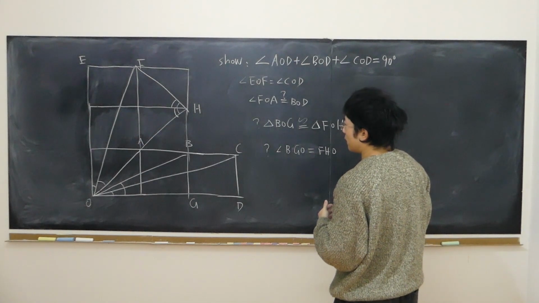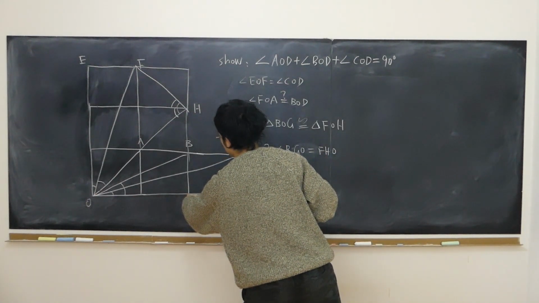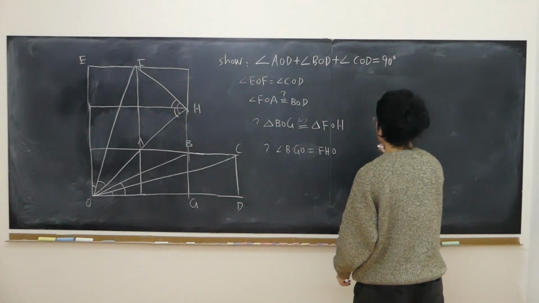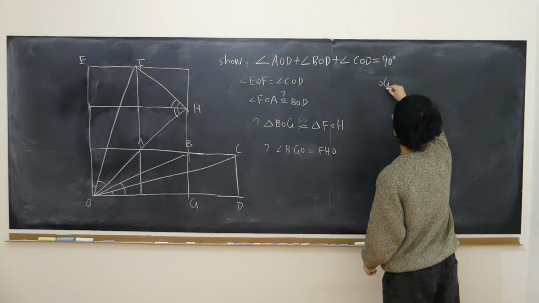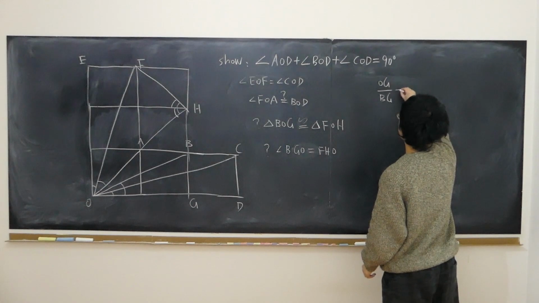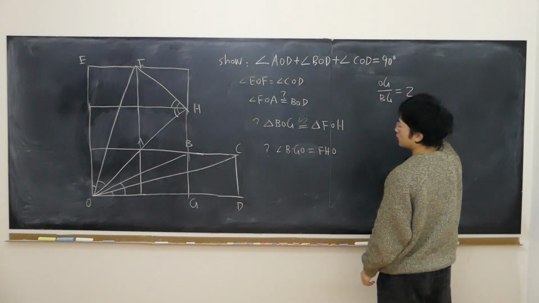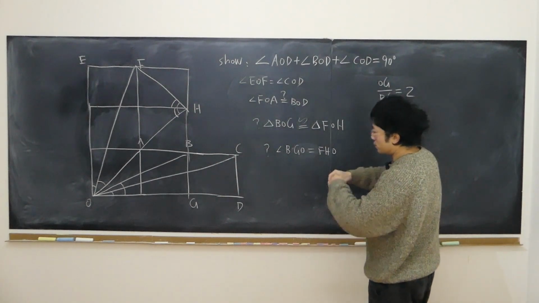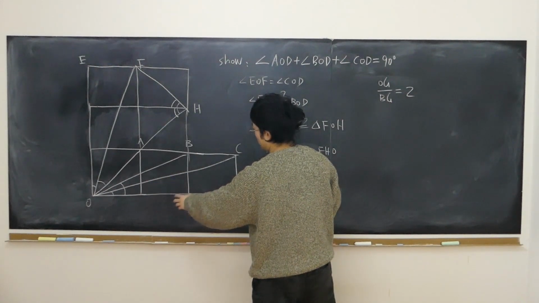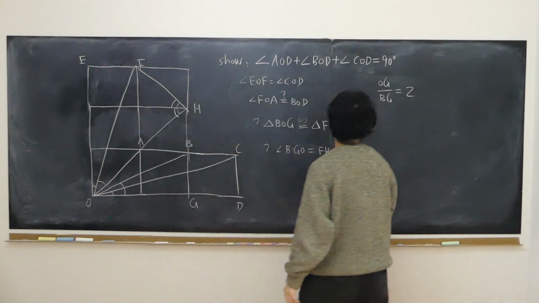So can I show that OG over BG, what's the ratio? OG over BG, obviously 2, right? Let's just assume that the length of the side of the square is just 1. It doesn't really matter. So OG over BG is automatically just 2.